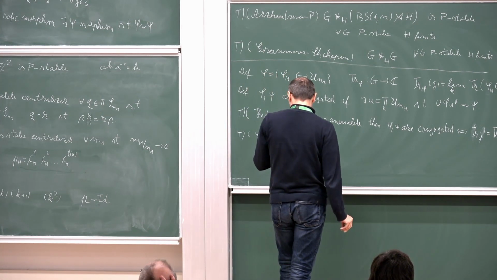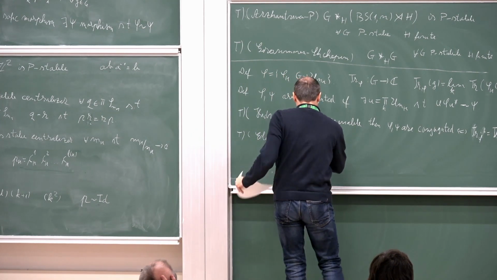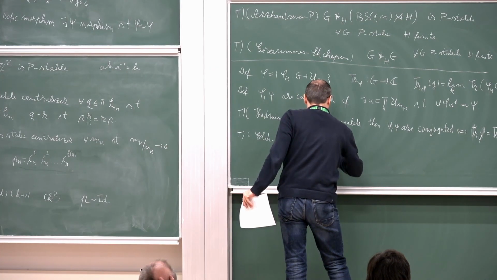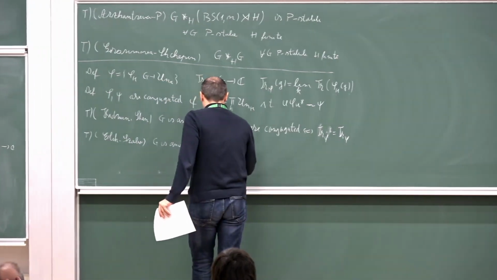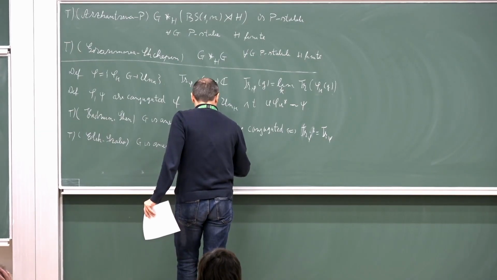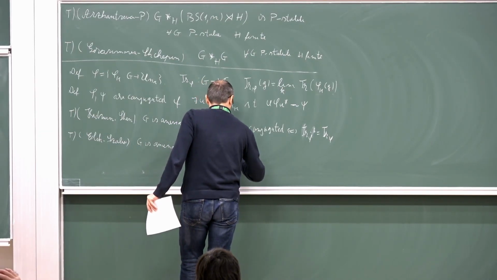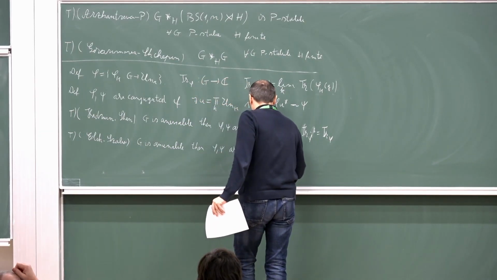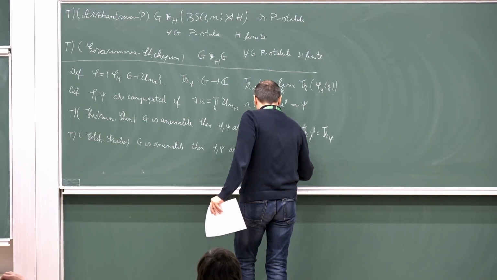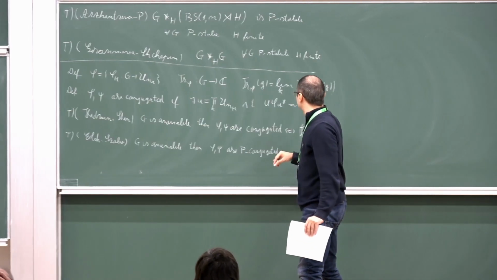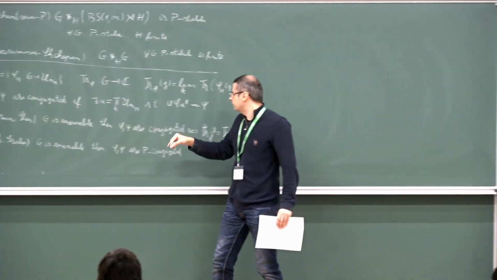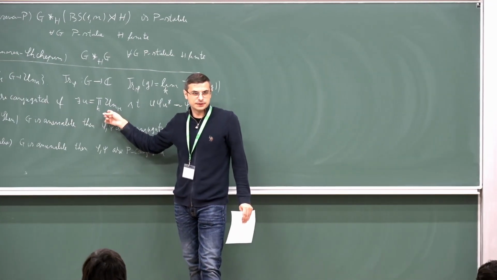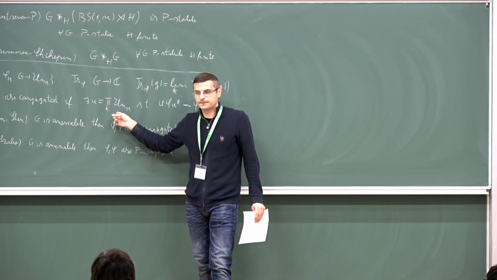If G is amenable, then let's say phi and psi are P-conjugated, meaning that now that I have two morphisms, of course I want them to be conjugated by a sequence of permutations, not just unitaries.